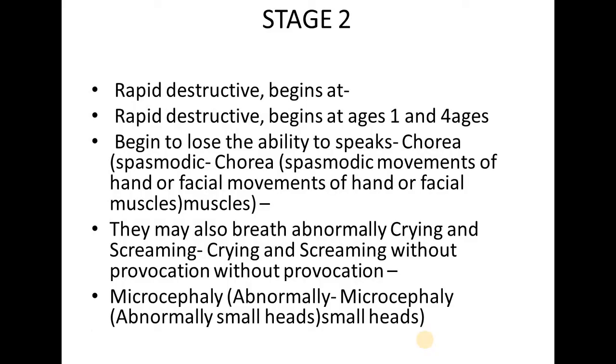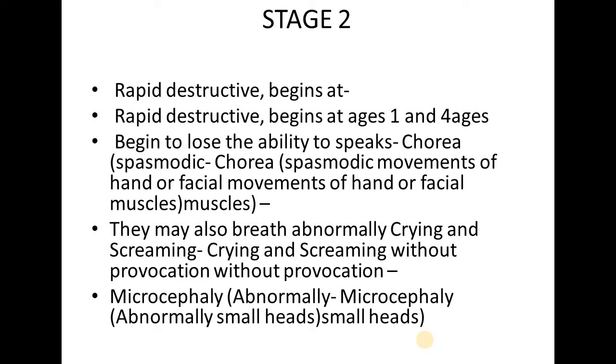As I told you in the previous slide, in stage 2 there is rapid destructive regression that begins at ages 1 to 4, and children begin to lose the ability to speak. Then there is what is called chorea, spasmodic movements of the hands or facial muscles.